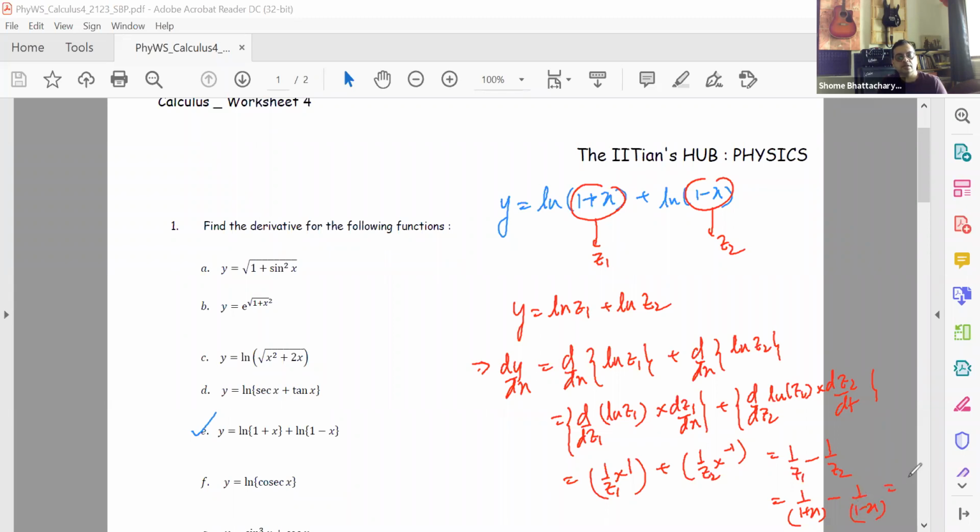And when you solve that, you will get the same thing as this. Okay. So this method is clear.